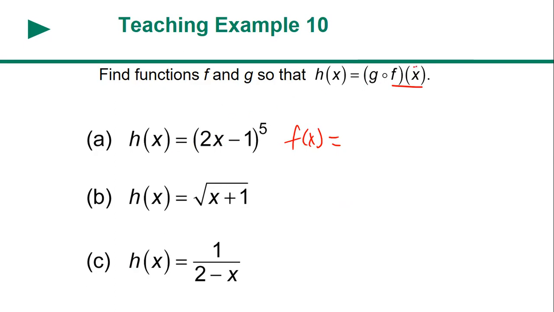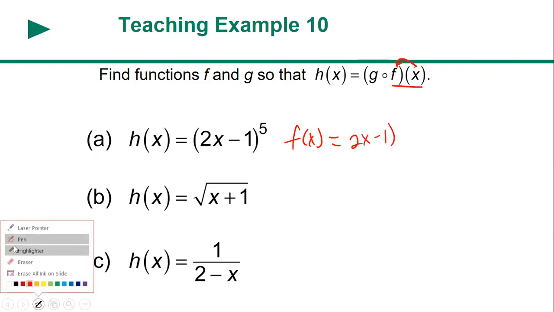Well, this one says X to F first. So what was the input that made this? What's inside? What's all inside? So my input was 2x minus 1.